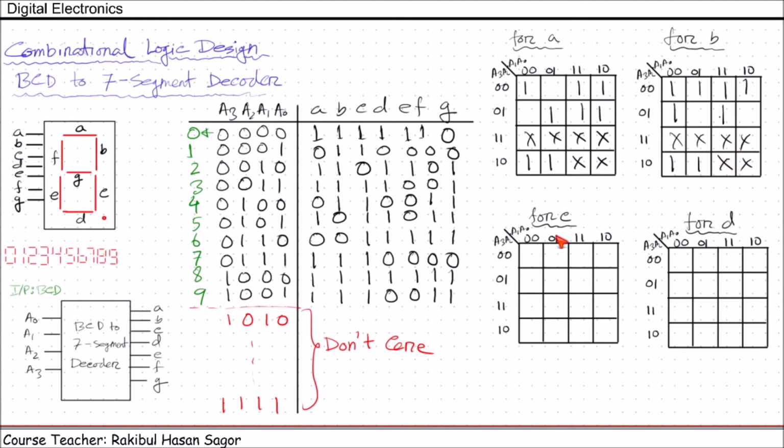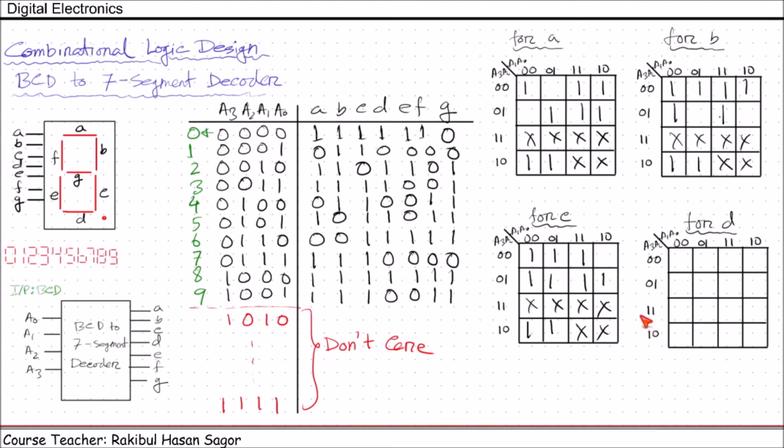Now for C, the ones will be placed at 0, 1, 2, 3, 4, 5, 6, 7, 8, 9 with 0 at position 5, and these will be the don't care conditions.